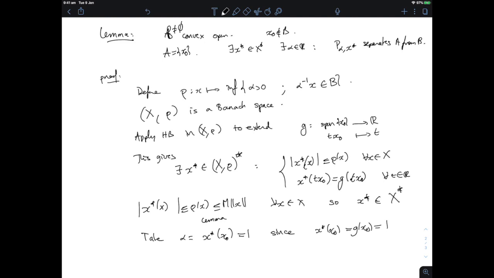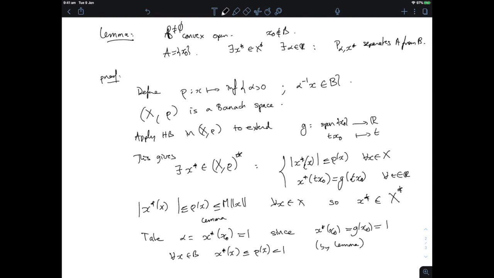Okay, and I'm claiming that with this choice of alpha and this choice of x star, I do have my separating hyperplane. Now, why is that? Well, x star of x naught is 1. That's one thing. And what about x star of x when x is in B? So for all x in B, x star of x, well, we know that this is smaller than rho of x, and rho of x is smaller than 1 for all x in B. That's again by the lemma.